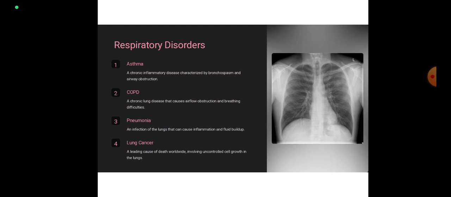Third is pneumonia, an infection of the lungs that can cause inflammation and fluid buildup. Next is lung cancer. Lung cancer is a leading cause of death worldwide, involving uncontrolled cell growth in the lungs.